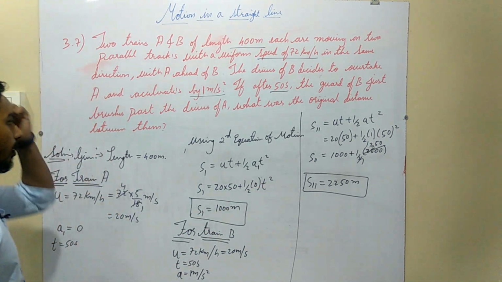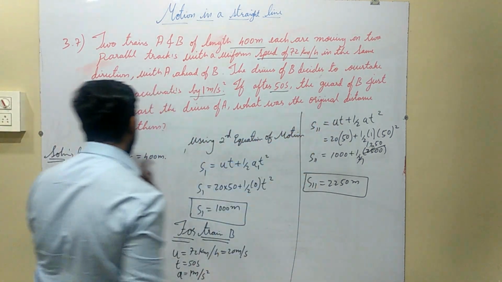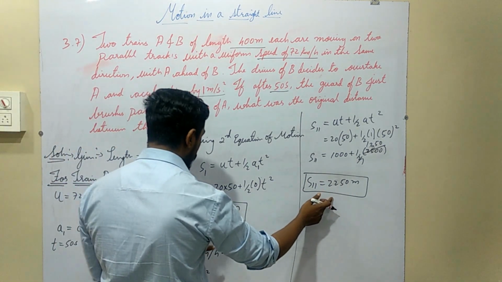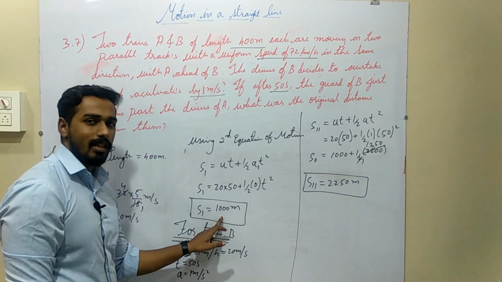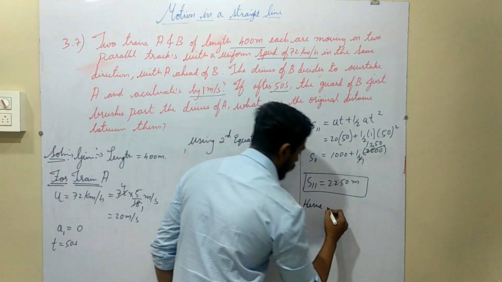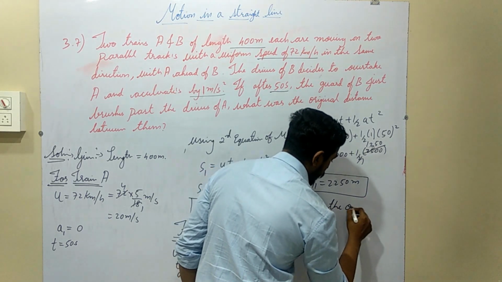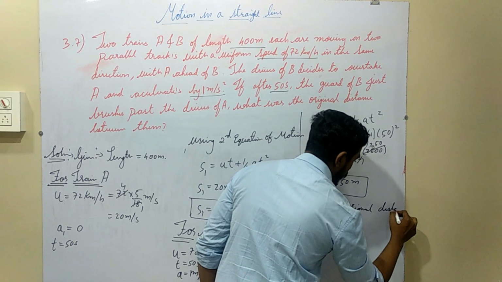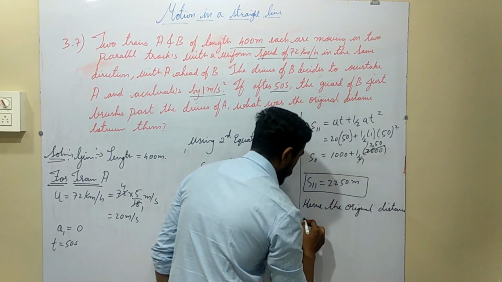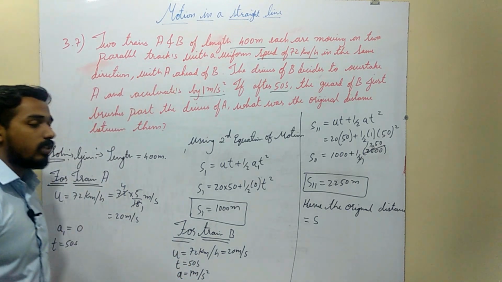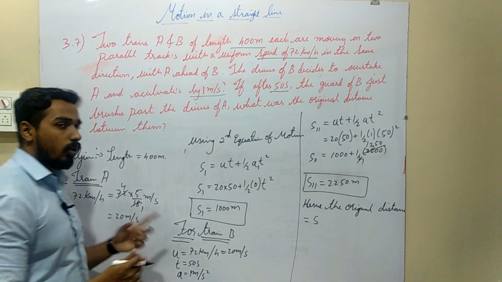Next, they are asking what is the original distance between them. To calculate the distance between them, just subtract these two distances. Hence the original distance is equal to, here which one to subtract from which, don't get confused in this.